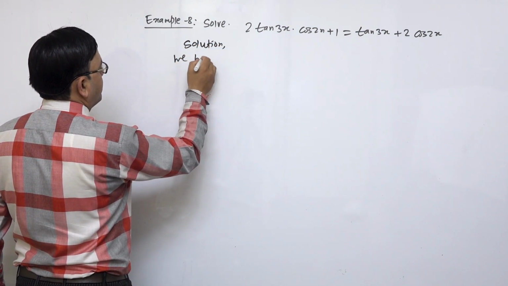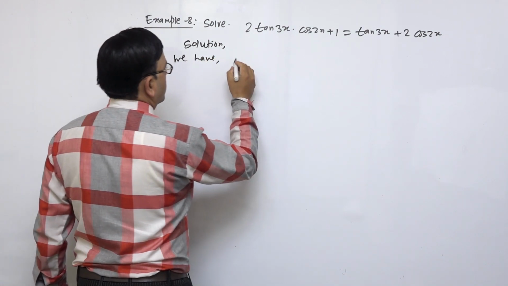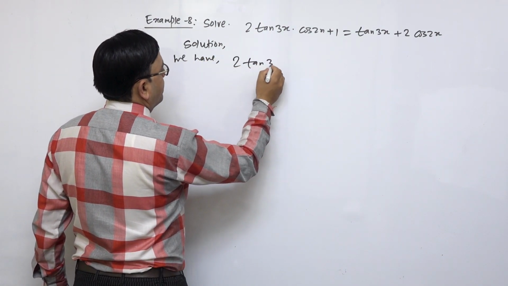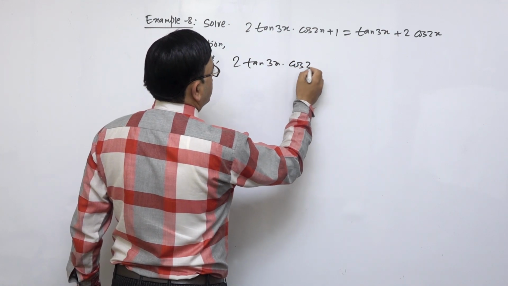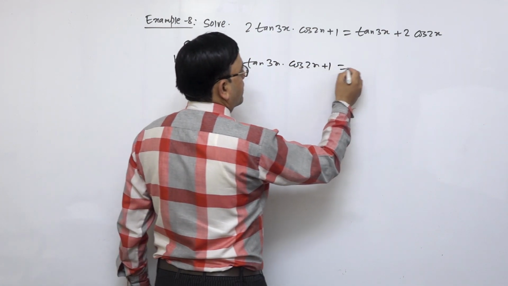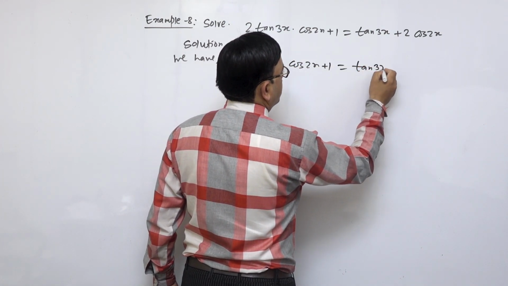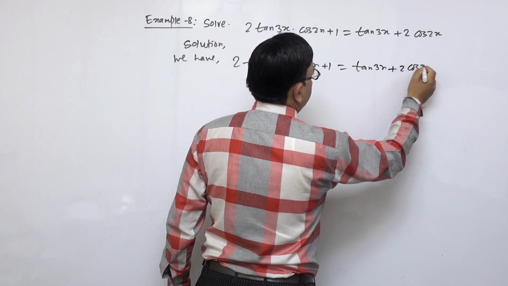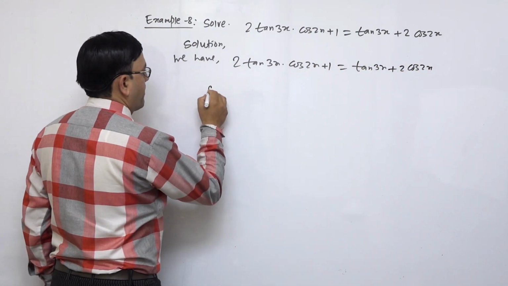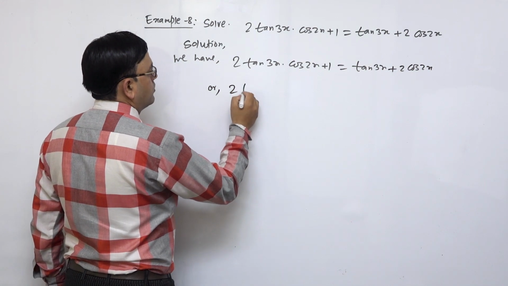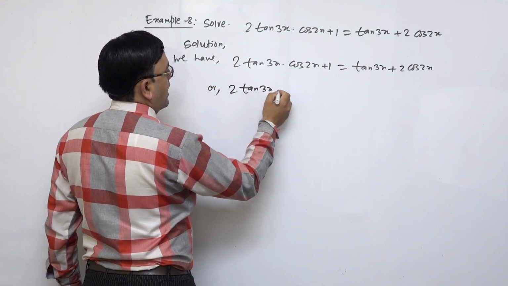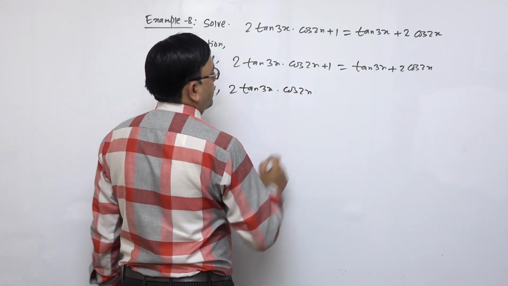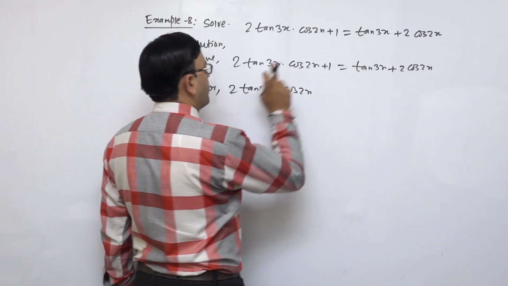we have here 2 tan 3x cos 2x plus 1 is equal to tan 3x plus 2 cos 2x, or 2 tan 3x times cos 2x. Here is tan 3x, here is also tan 3x.